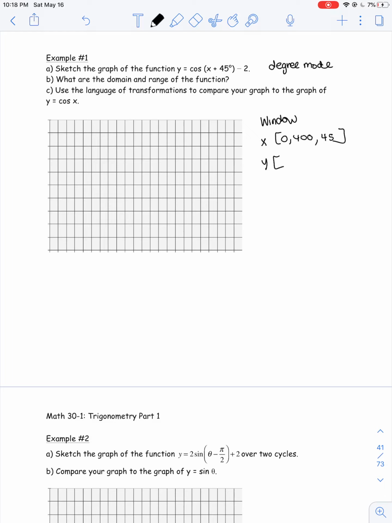as you can see, the graph is moving because of a vertical translation. So I'm going to change my window for y to go from -4 to +4. Okay, so what you want to do is find the y-intercept. So we're going to start graphing this. This is our y and this is our x.